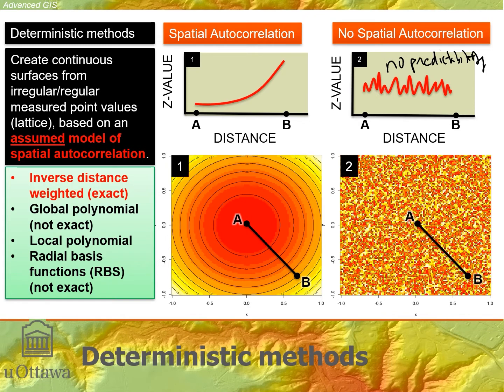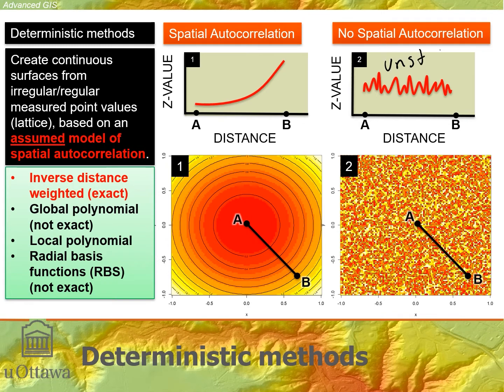If you take a very small range, a very small distance, d, there would be similarity in the values surrounding that specific location. But over the range A to B, it's unpredictable, so it's very unstructured.